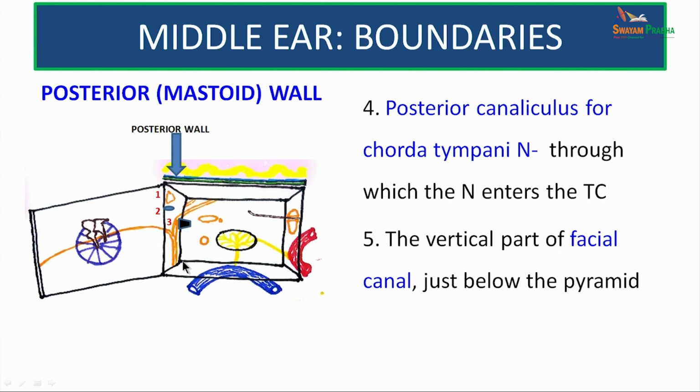This lies just below the pyramid, and at the upper part of it lies the posterior canaliculus for the chorda tympani nerve, the place through which the nerve enters the tympanic cavity as it passes from the lateral wall.